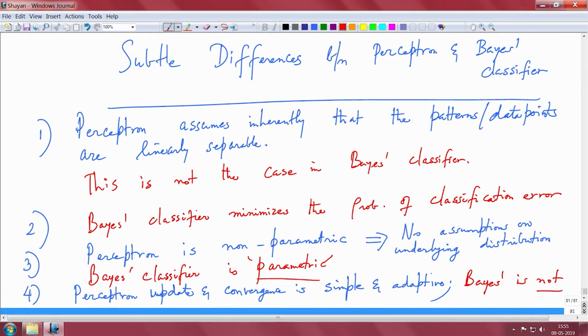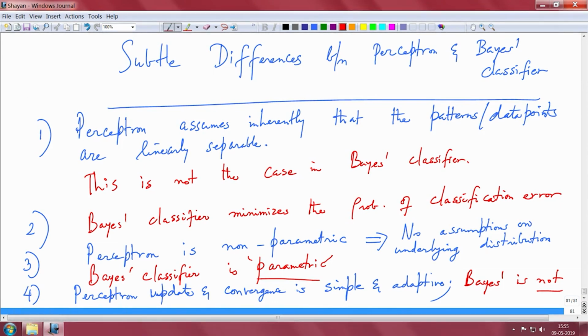For example, if I have to figure out under different covariance matrices etc., then I may not get a nice form like what I had, but the perceptron can classify, whereas for Bayes I will have to derive from first principles and really figure out what needs to be done.